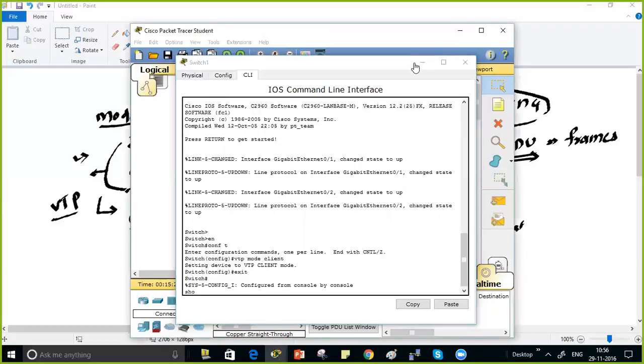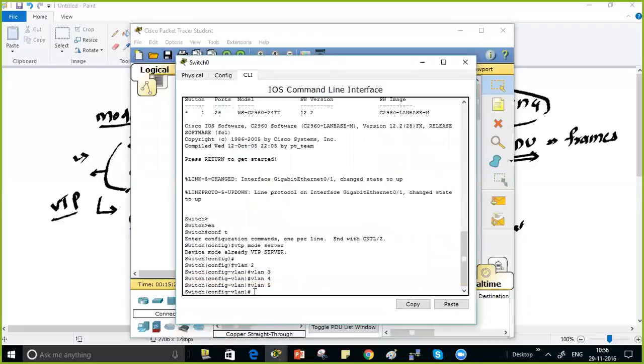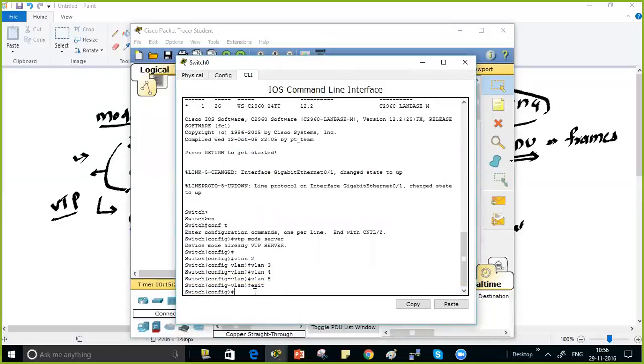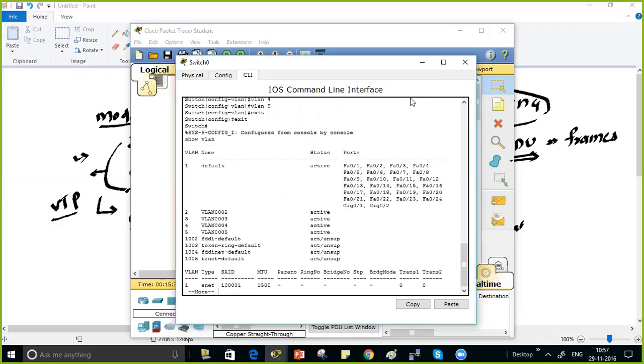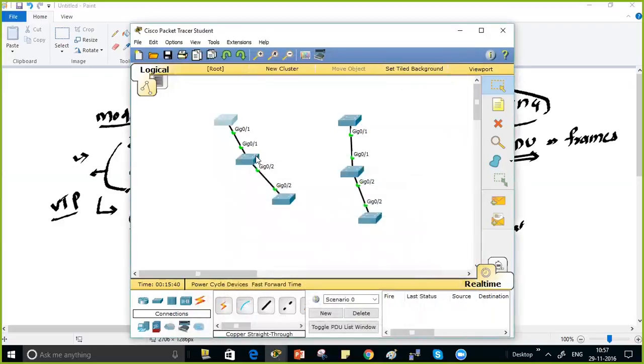Just in the first switch, I want to see the VLANs. The show VLAN command will show the VLAN information. Yes.